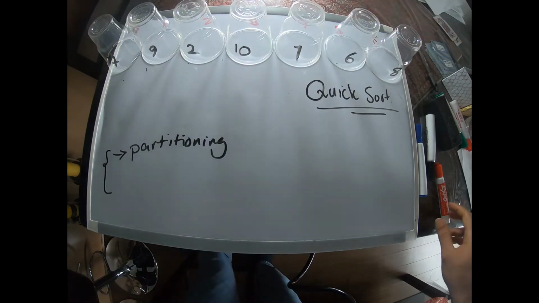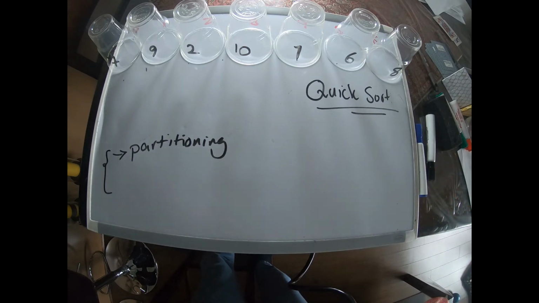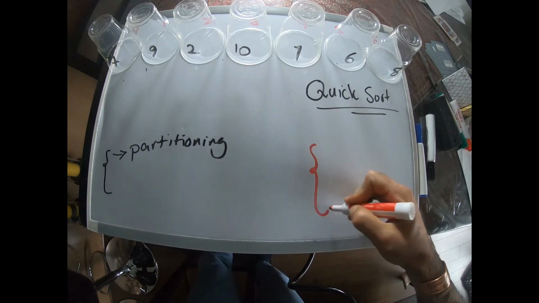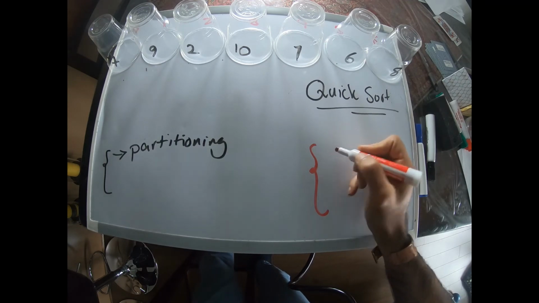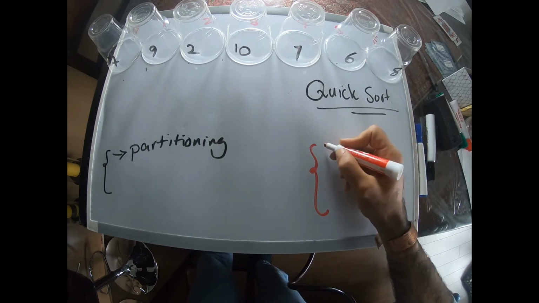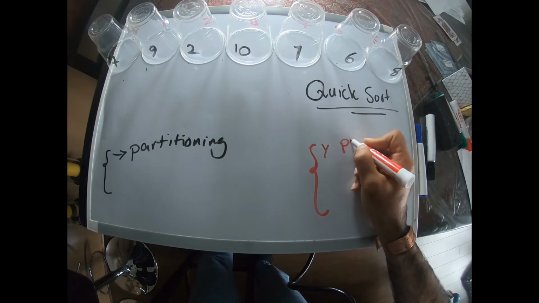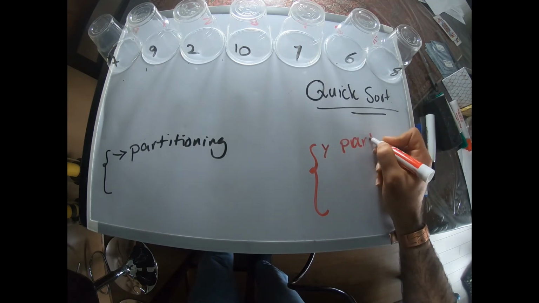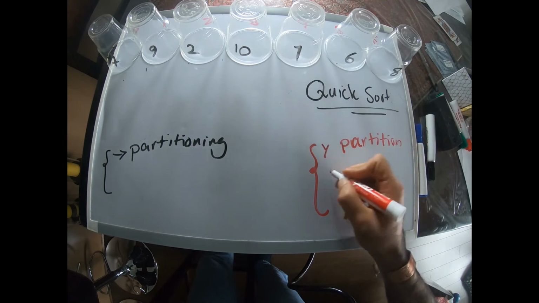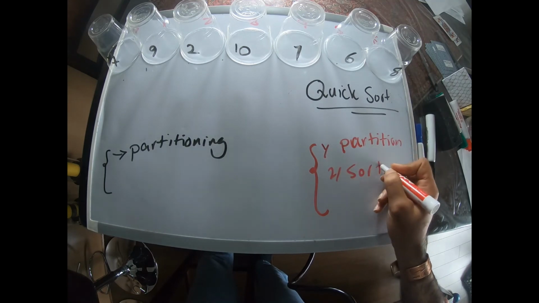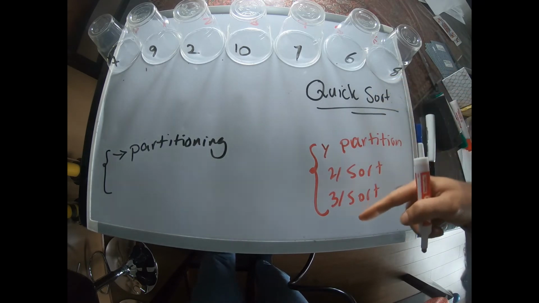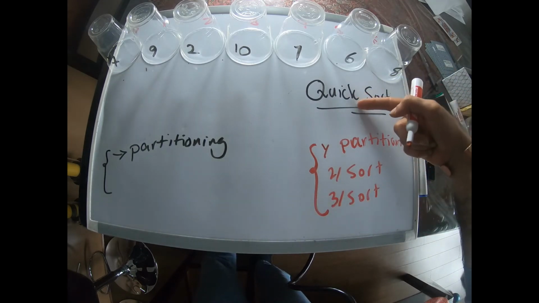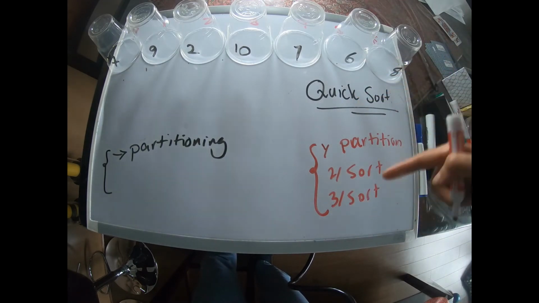So quick sort basically has three steps: partition, and then sort and sort. Again, it's going to call the same quick sort function recursively, right?